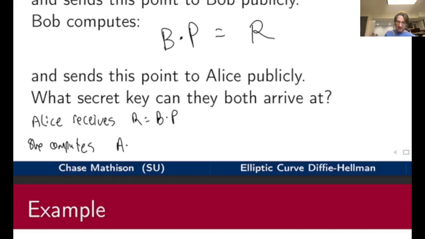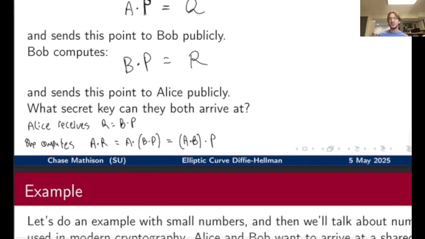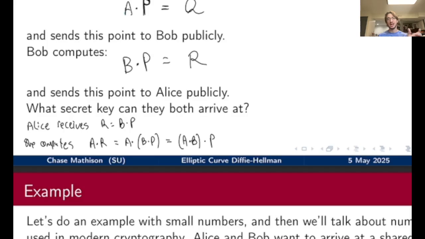So she computes A times R, which is the same thing as A times B times P. I didn't prove this, you have to take my word for it, but because the points on an elliptic curve under this operation of addition form a group, this is the same thing as A times B, just as integers, times that base point P. So Alice can arrive at the number A times B, and then take that times the point P on the elliptic curve.